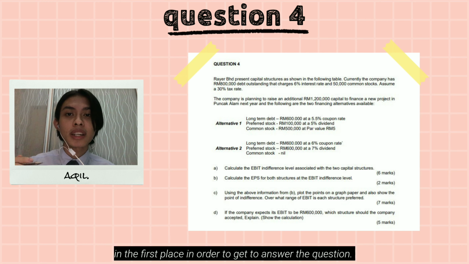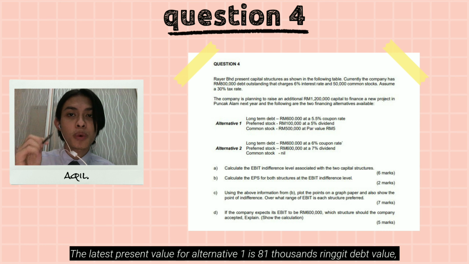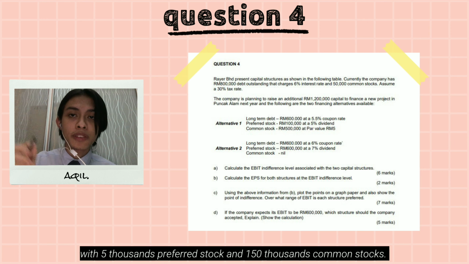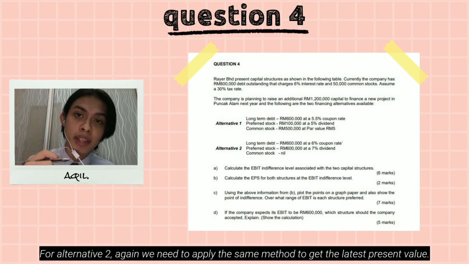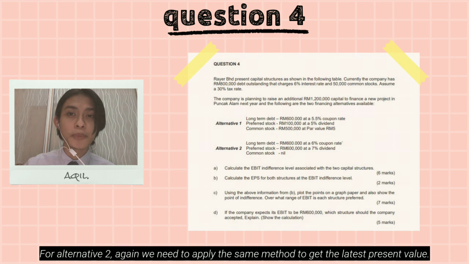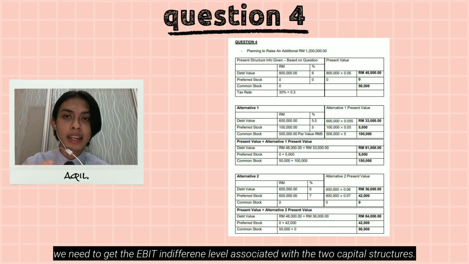The latest present value for alternative 1 is 81,000 ringgit debt value with 5,000 preferred stock and 150,000 common stock. And for alternative 2, again, we apply the same method to get the latest present value.